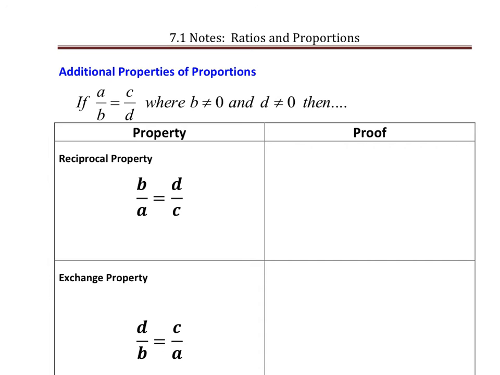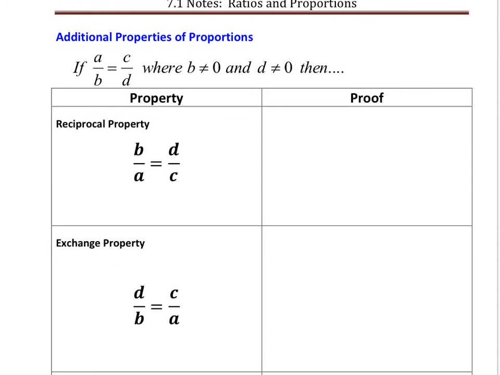All right, the last thing I want to do is go more into algebraic proof here regarding the cross products, as well as some other properties. So let's take a look at the original cross product here. Why does it work? Well, I'm going to start with a proof here.